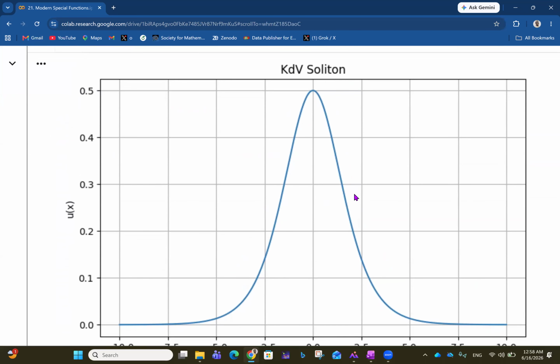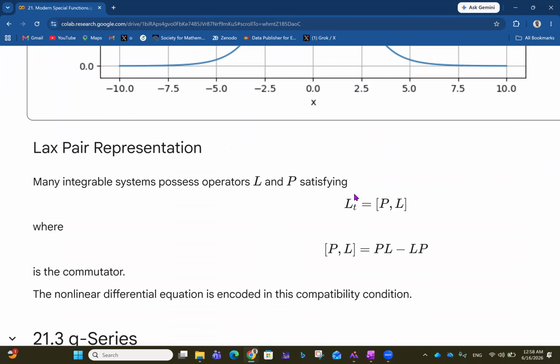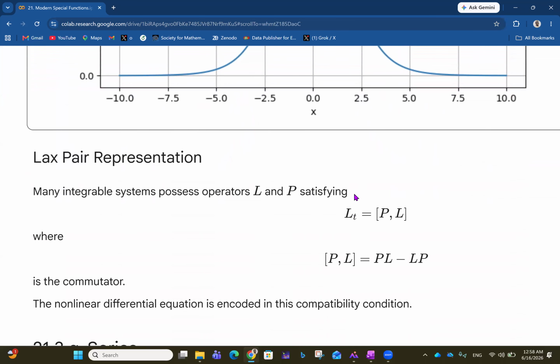Then we have the Lax-pair representation. Many integrable systems possess operators L and P satisfying L_t equals the commutator of P and L, where the commutator is PL minus LP. So the nonlinear differential equation is encoded in this compatibility condition.